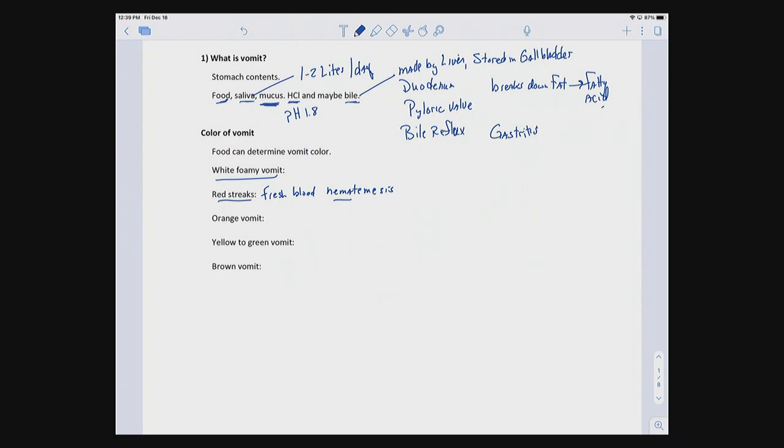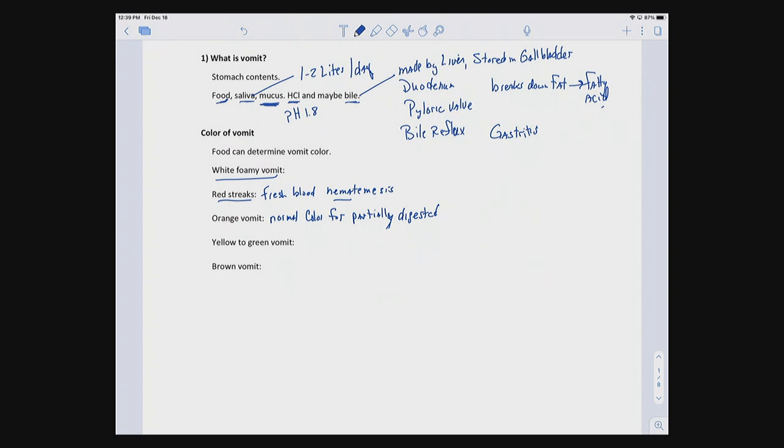Orange vomit itself is nothing to be greatly concerned about because with everything else being equal, an orangish look is kind of a normal color for partially digested food. So again, nothing great to be concerned about.